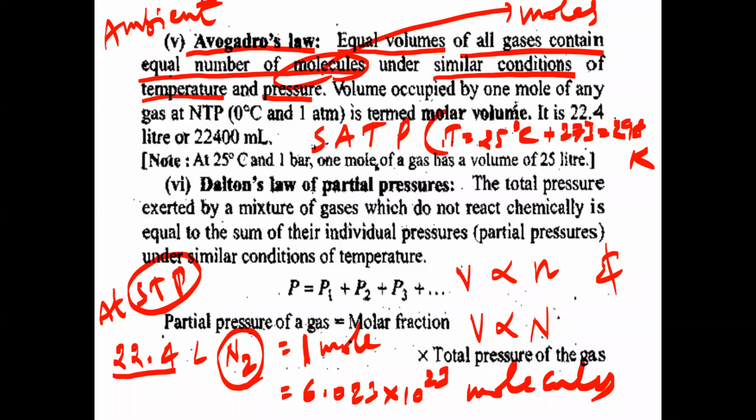But in the case of SATP, the temperature is 25 degrees Celsius, that is 298 Kelvin. So understand this difference. If you take the same temperature and the same pressure for any gas, equal volumes of all gases contain an equal number of moles and an equal number of molecules. This is called Avogadro's law. Is that clear, ma'am? Take the screenshot. I will erase it.